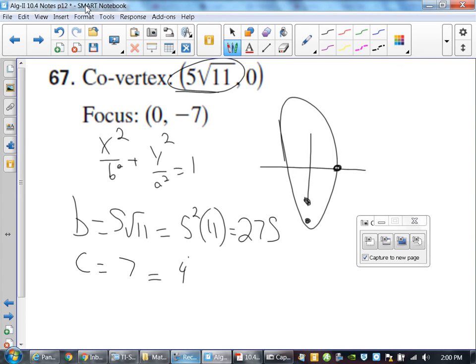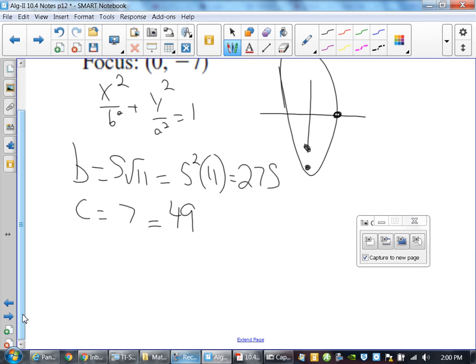I square it, and I get 49. That's a plus sign between, which means in order to find the missing value, we have to have a minus between. And there's a reason why I'm trying to re-emphasize that point right now, is because today, hyperbolas are minus in the equation, plus with the a squared, b squared, c squareds.